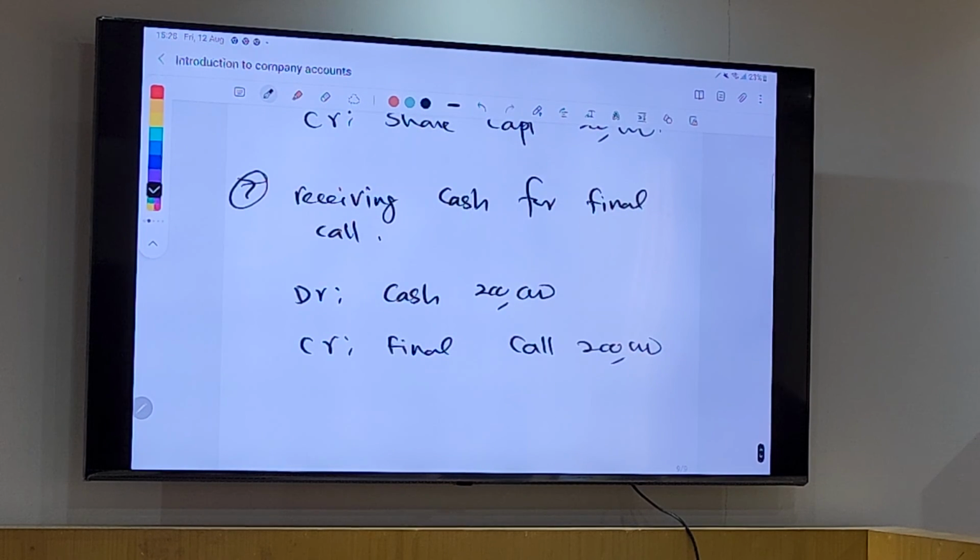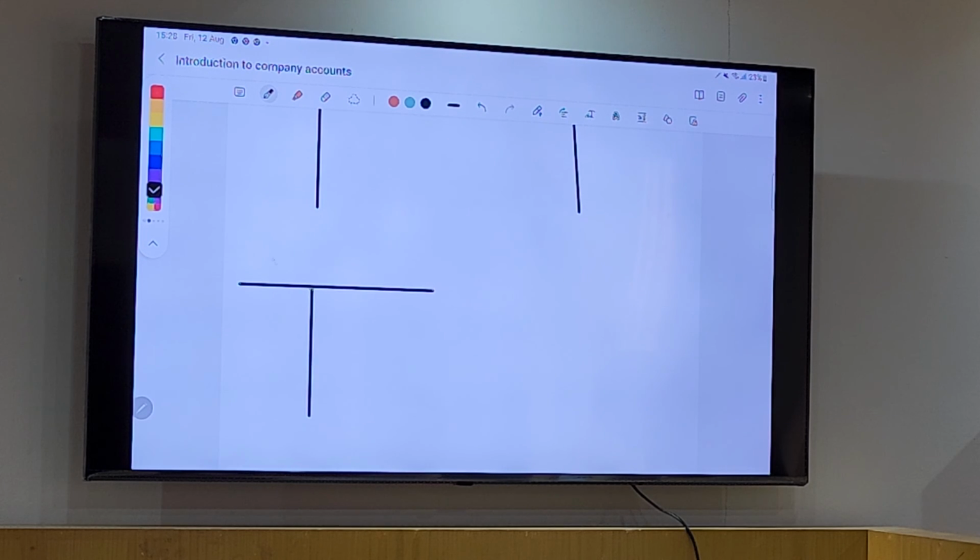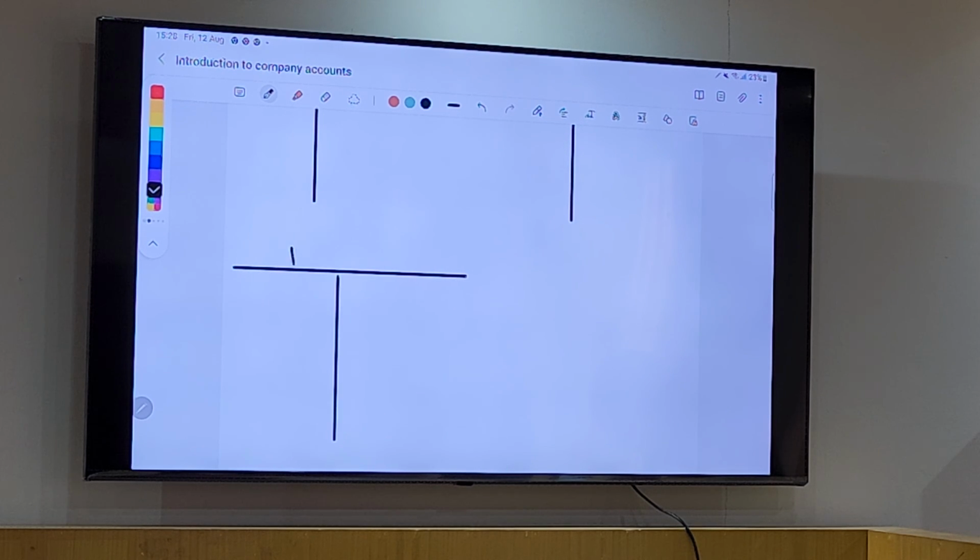It will be more understandable. So we have application and allotment, cash, share capital, share premium, and final call.